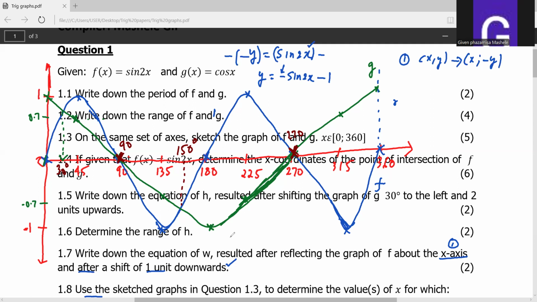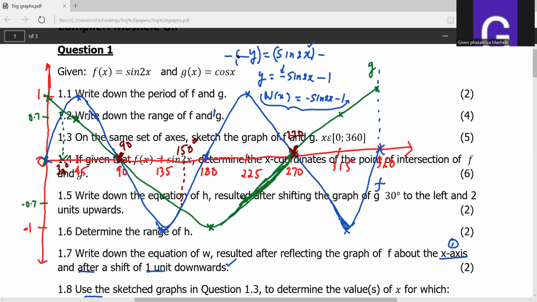So this is what they wanted us to do. First we do reflection, secondly we shift the graph 1 unit downwards. So this will be the equation of w of x. So w of x is minus sine 2x minus 1. So we got the equation of w of x. I believe, guys, you are following.